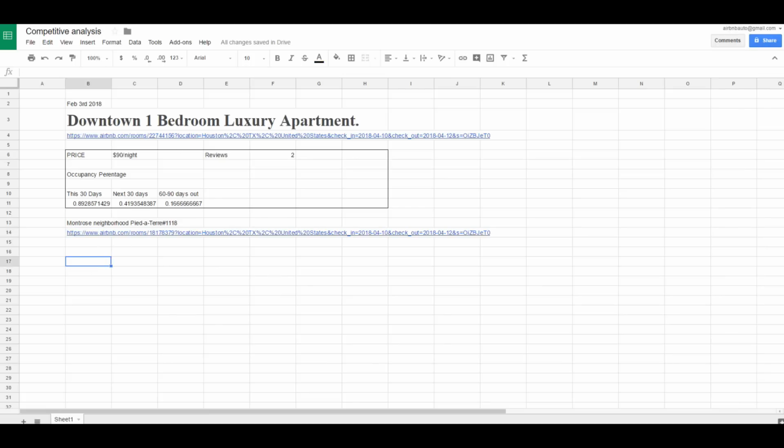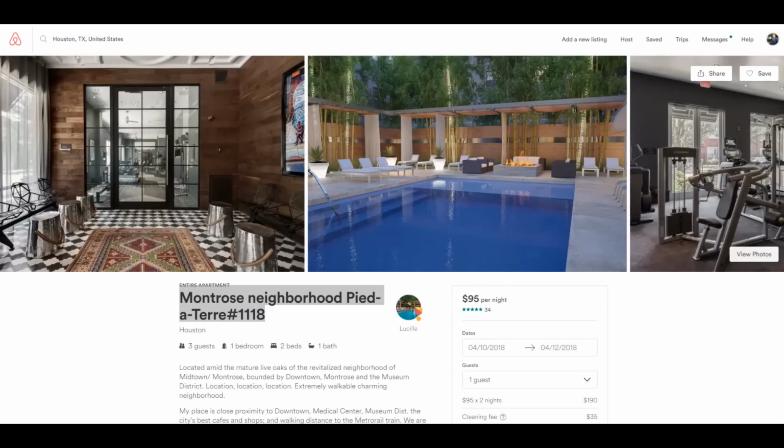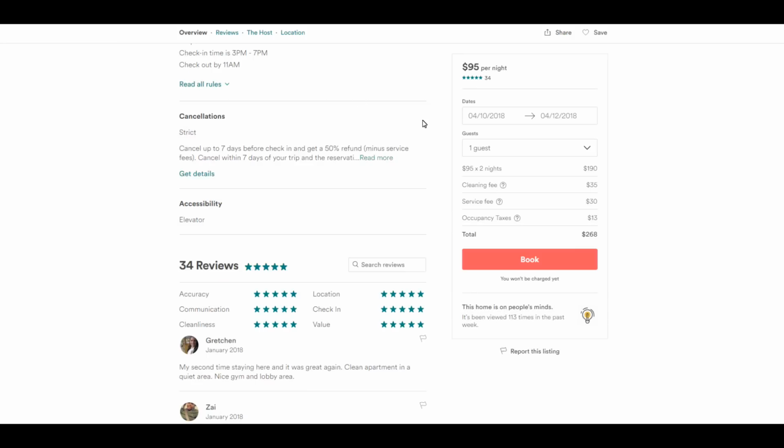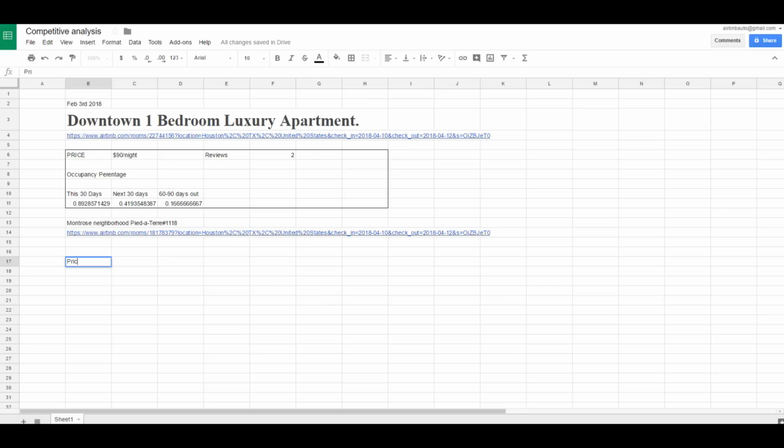She's 95 per night, and she has 34 reviews, and she's crushing it with all 5 stars. So price is 95 per night, her reviews are 34, and she is an average of 5 star, which can matter on her occupancy and her SEO.